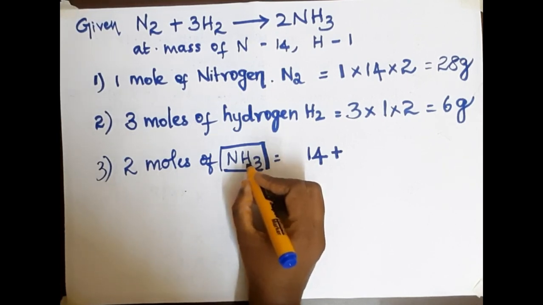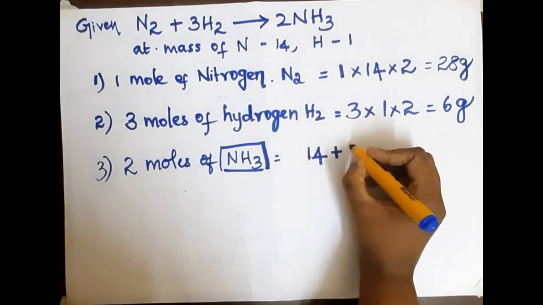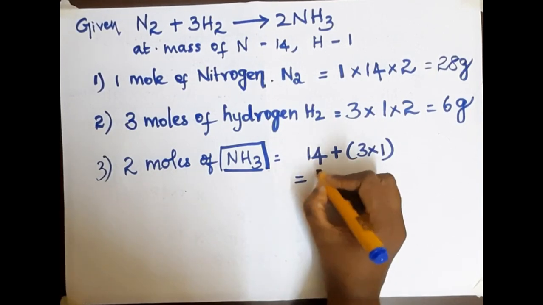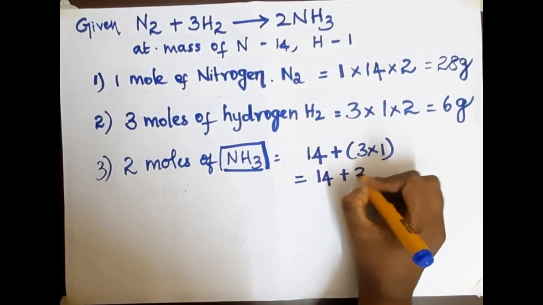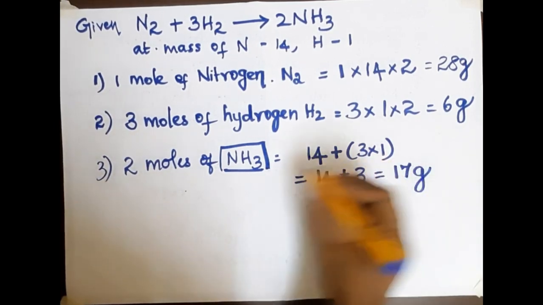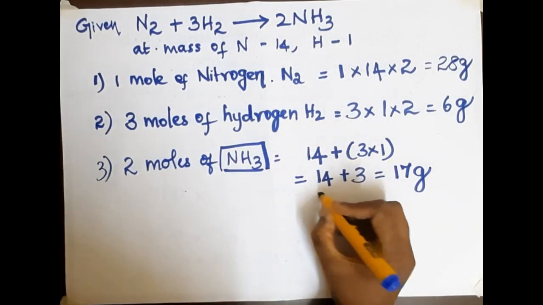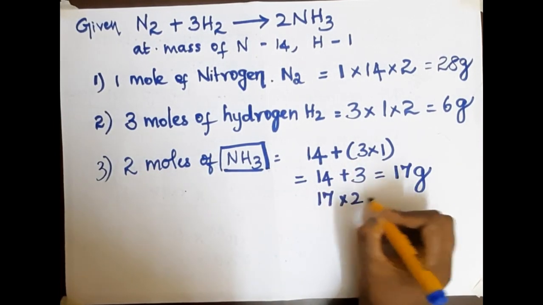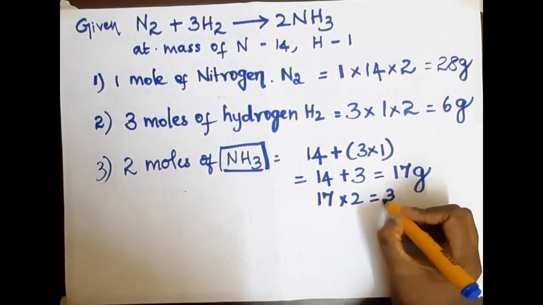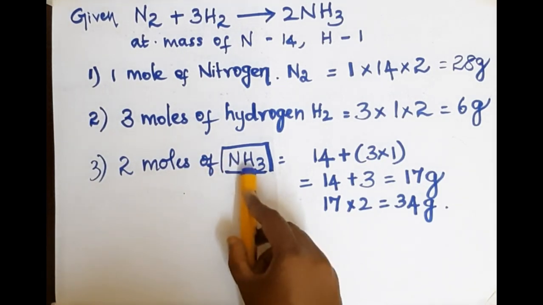It is 1. How many atoms are there? Here it is 3. So 3 into 1. So that is equal to 14 plus 3, that is equal to 17 gram. 1 mole of ammonia is 17 gram. When you multiply 17 into 2, why am I multiplying 17 into 2, children? It is 34 gram. 2 moles of ammonia.